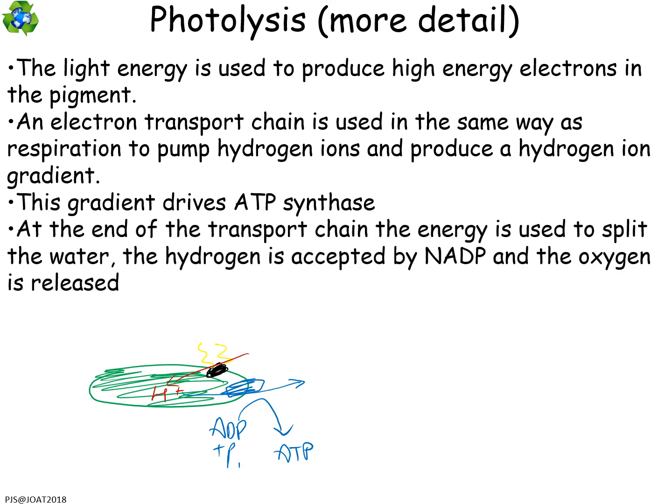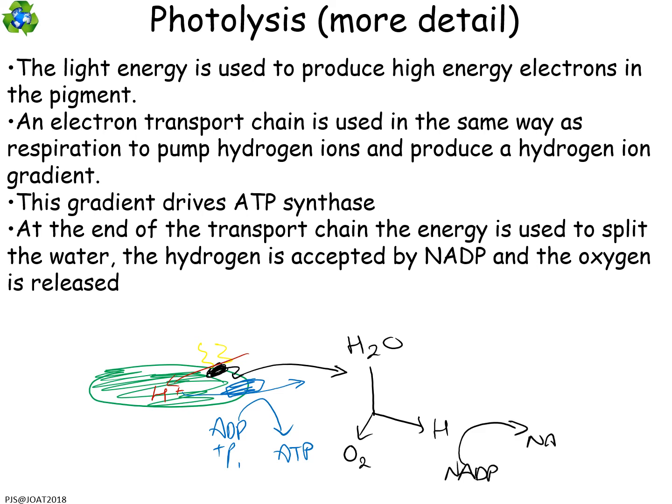And we've still got our high energy electrons. Now, what we have to realise here is this is not the same as the respiration chain at this point. We're not going to use oxygen to make water. Instead, those high energy electrons which have worked their way down these pumps, because remember it's a chain, when they get to the end of their chain, that's what actually breaks the water into your oxygen, which you will remove, and your hydrogen ions, which are going to be picked up by your NADP to make NADPH.